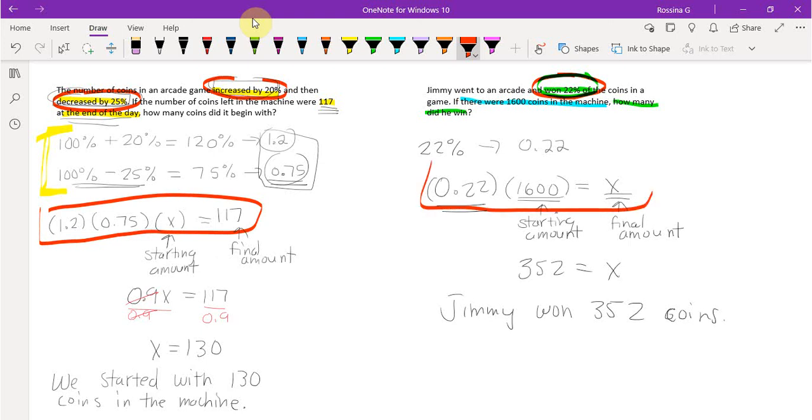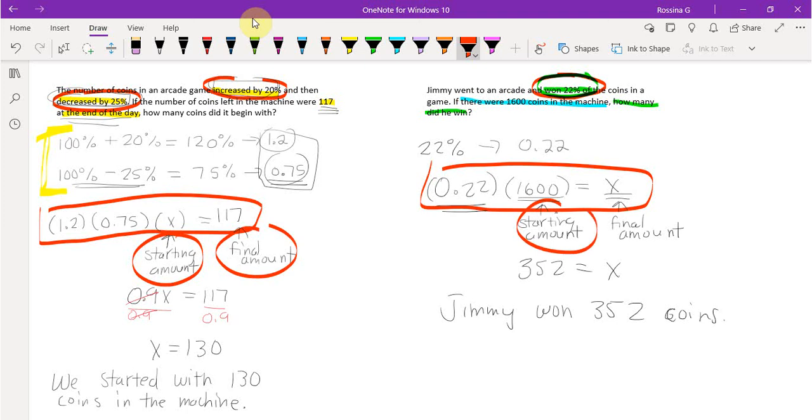Okay. But the core basics are the same. We've got a starting amount, final amount, starting amount, final amount, and then you just solve and answer the question in a sentence. There are variations of this word problem where they can add little complexities to that, and you just have to see how you can incorporate that. But if you have any questions, let me know.